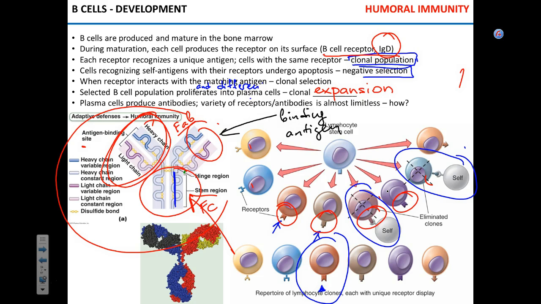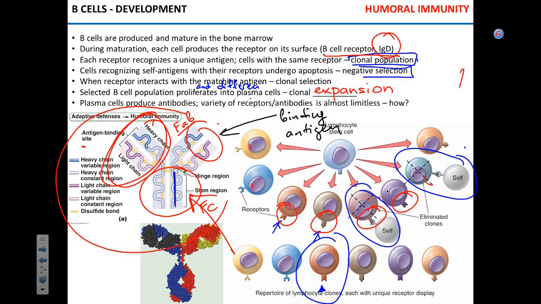So now we have an issue. Because each antibody has to recognize a specific antigen. How many antigens are there? A lot. We know about 1,500 species of bacteria in the human gut. Each of these species has, I don't know, hundreds if not thousands of proteins.